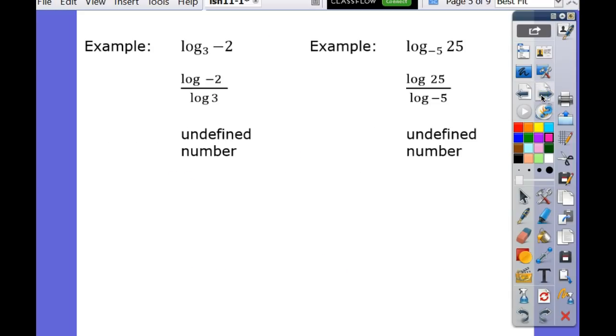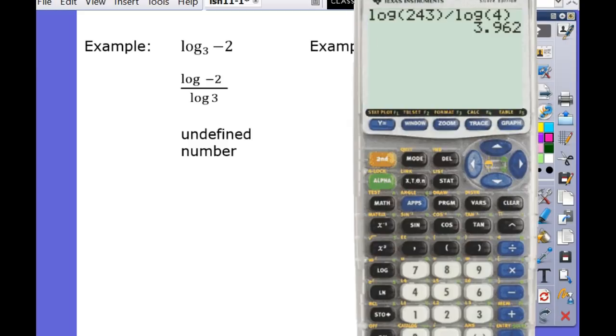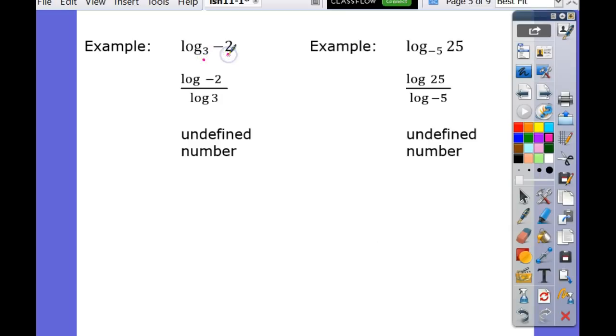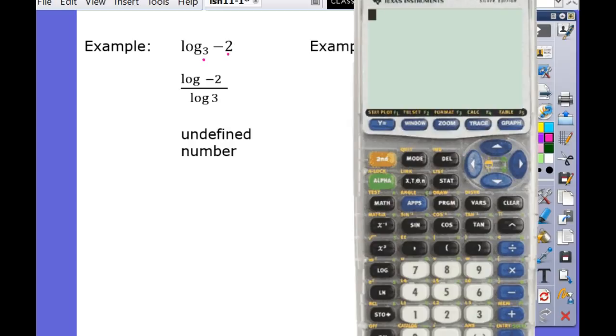I can use the change of base formula to evaluate any of the numbers that are a little bit difficult to figure out from the table. Log base 3 of -2, what is that equal to? Log of -2, close parentheses, divided by log of 3.